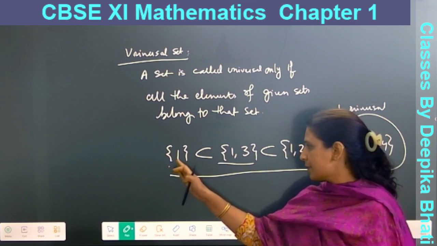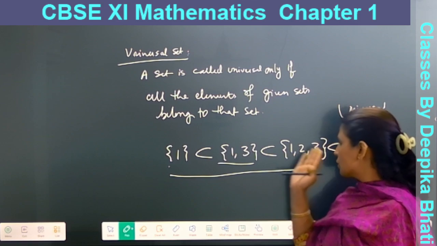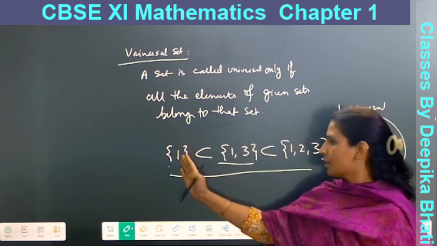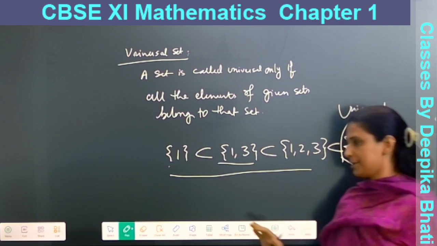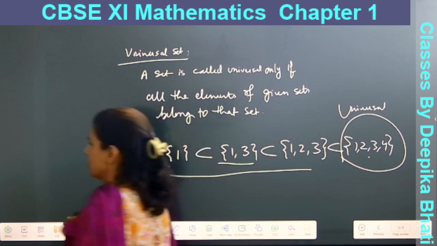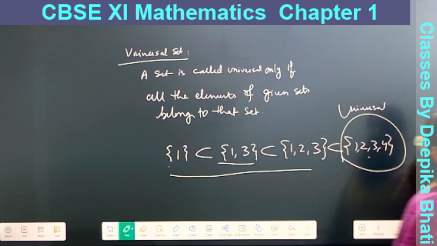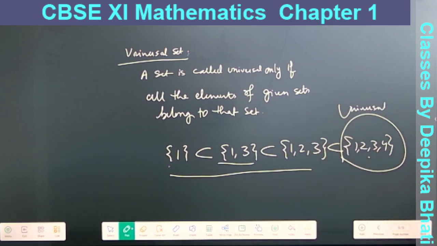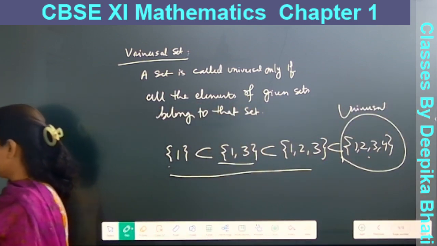This is super, this is sub, this is super, this is sub, but for all these this is the universal set, right? So after this we are done with the topic of subsets, and then after it comes the Venn diagram. Okay, just a moment.